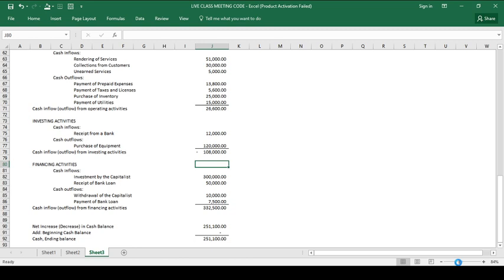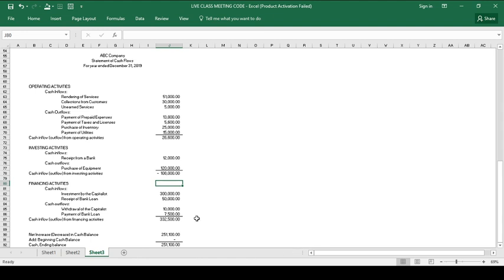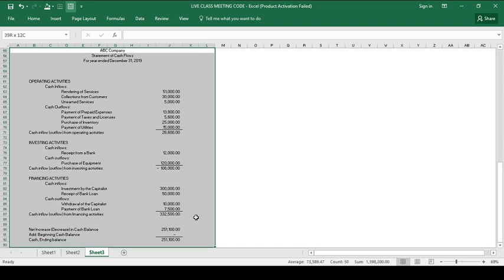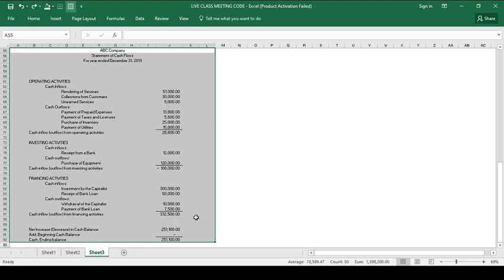Isama natin yung heading. Nasa na yung heading? Ayun. Iyan yung buong itsura ng statement of cash flows mo using the direct method. Okay? That will be the complete, no?